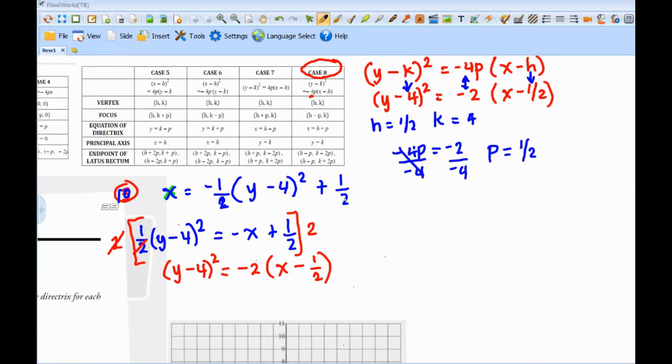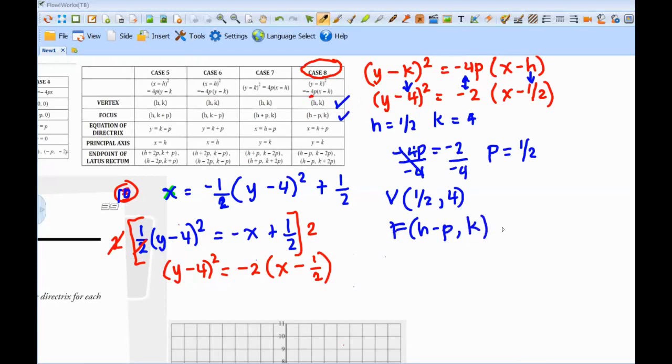Therefore p is equal to half. Okay? Now we got the vertex. The first one is the vertex. The vertex is at (half, 4). Now let's get the focus. The focus is at (h minus p, k).